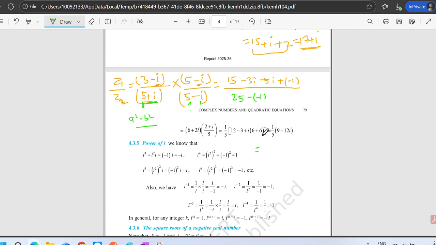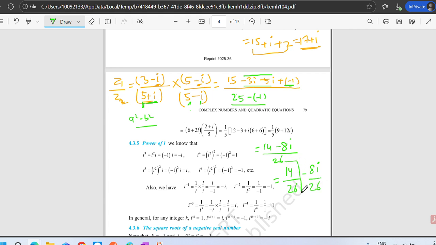Okay, so then you see here, this was minus 8i, and this is minus 1. So 15 minus 1, 14, and this is minus 8i. So right here 14 minus 8i, and this is plus 1, so 26. So we can just bifurcate it like 14 by 26 minus 8i by 26.